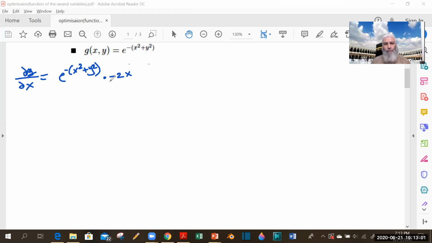So it would be negative 2x e power negative x squared plus y squared, yes?